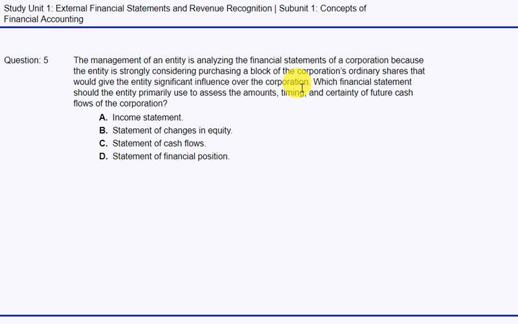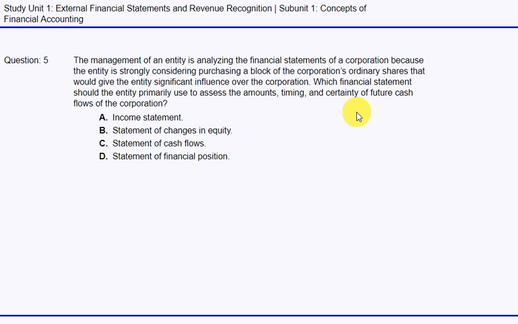I am considering buying your company so that I could have significant control over your operations. I want to buy your company. So which financial statement should the entity primarily use to assess the amounts, timings, and certainty of future cash flows of the corporation?